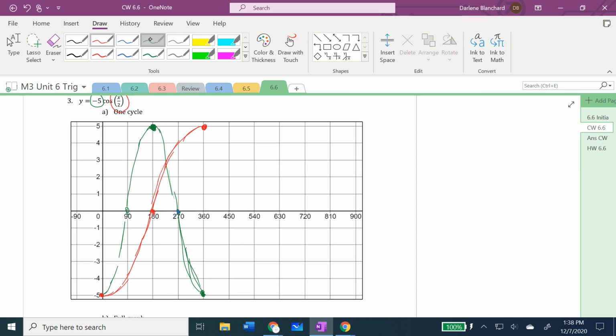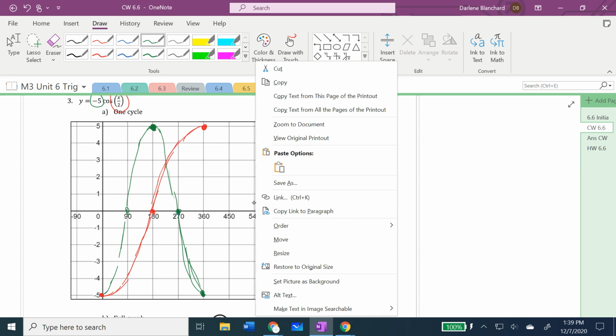Next, over here, my x-coordinate is 270. What is 270 times 2? Or you could just go, hey, that's three sections, 90-degree units. So go another 3. 1, 2, 3.